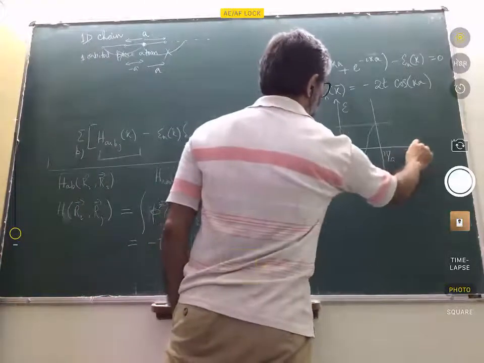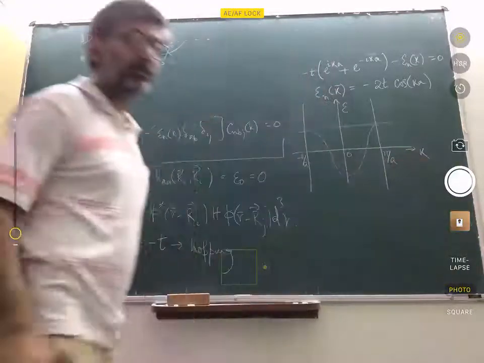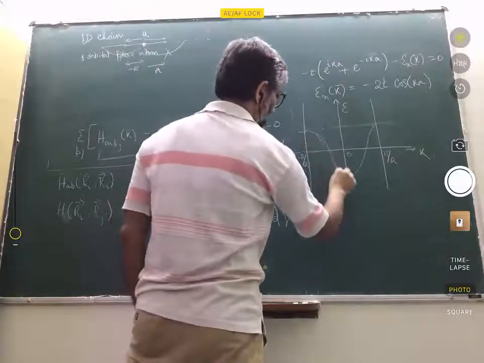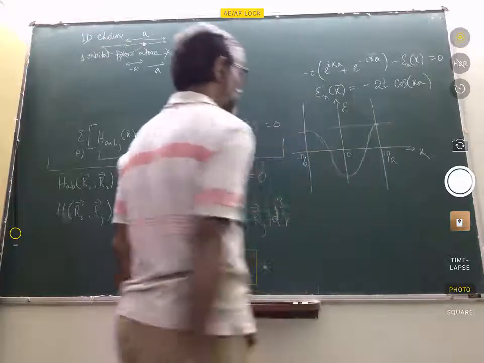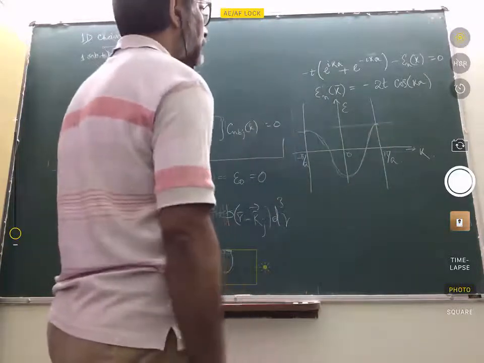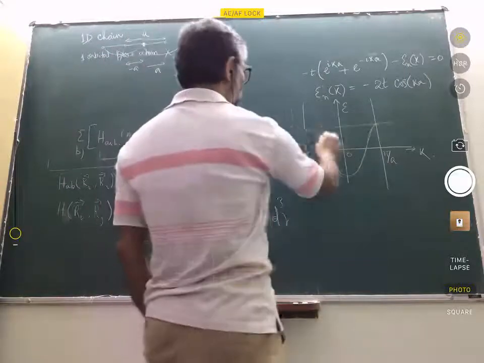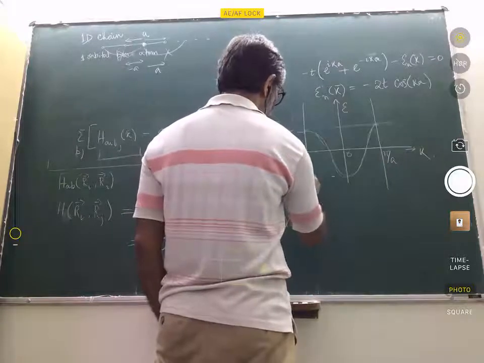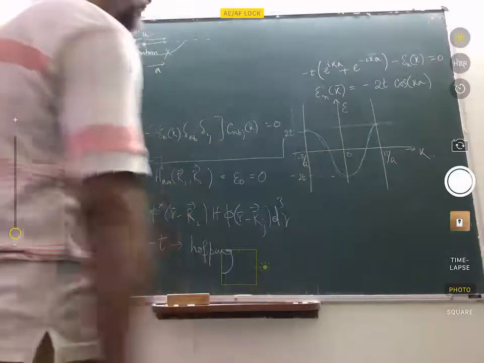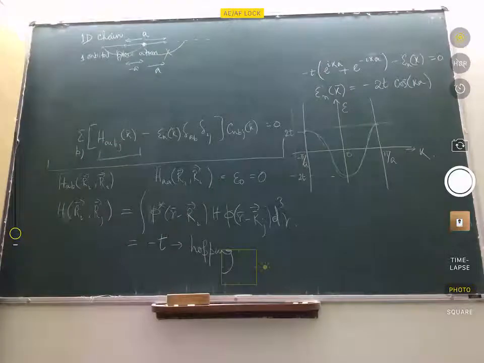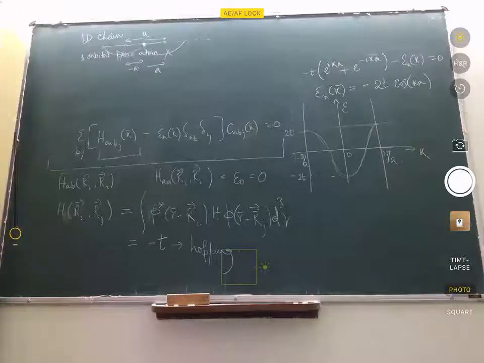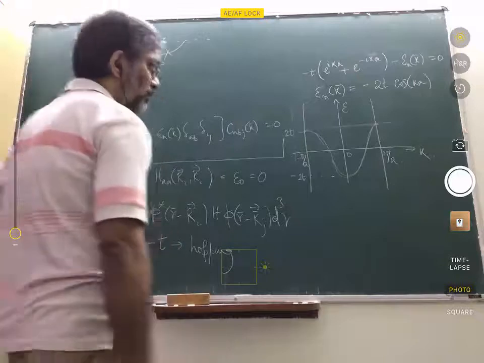So as a function of k, so this is my k space, this is what the band would look like. And the maximum value would be twice t, and the minimum value would be minus 2t. So this difference is what is called the band width. The difference between the maximum and the minimum values that you get in a band is a band width.